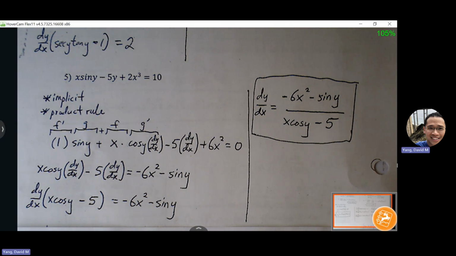Product rule, implicit, there's 2 dy dx's that show up. We should factor those out and isolate that variable.